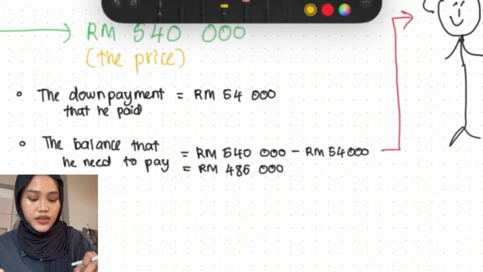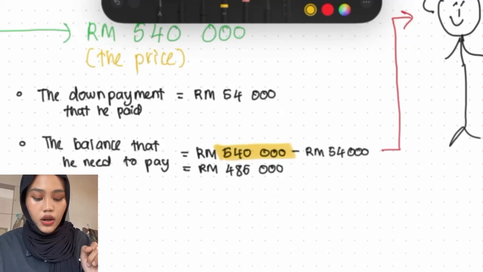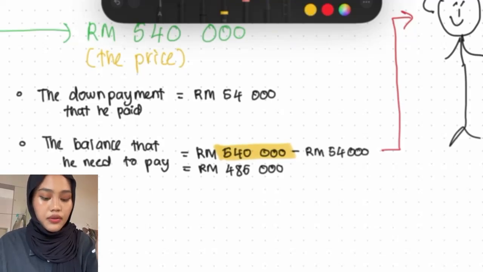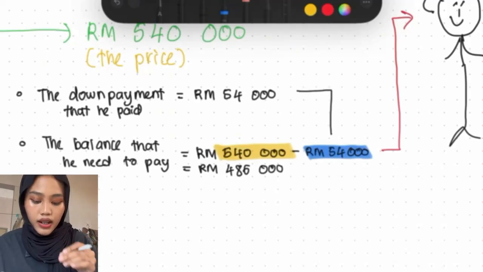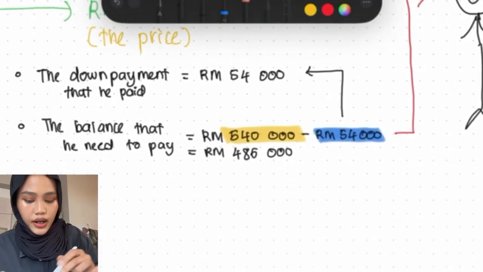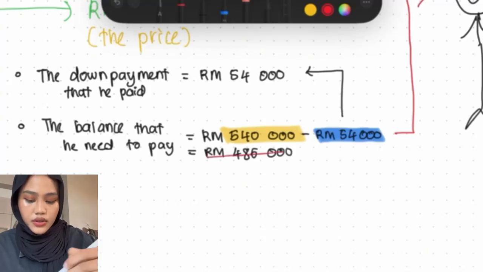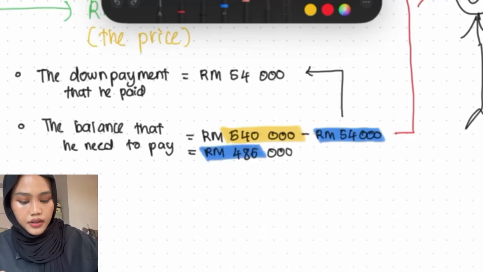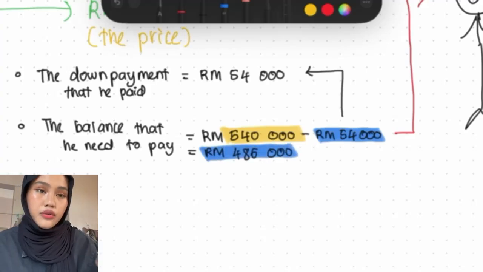The price of the house is RM540,000, and the down payment that he needs to pay is RM54,000. So here we can calculate the balance that he needs to pay. Here is the original price, RM540,000, and here is the down payment, RM54,000.